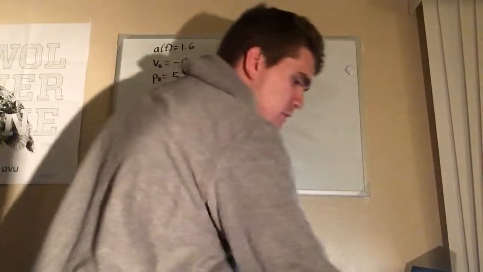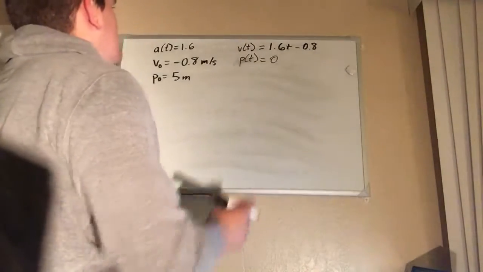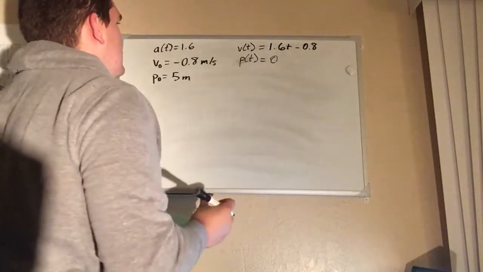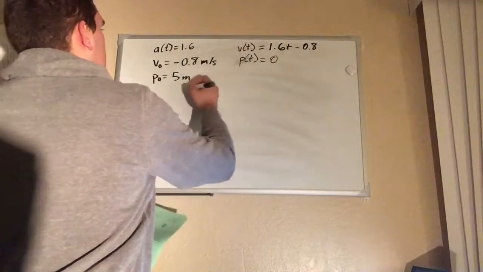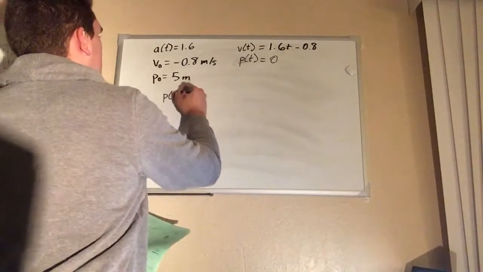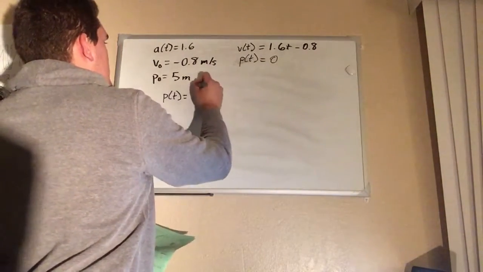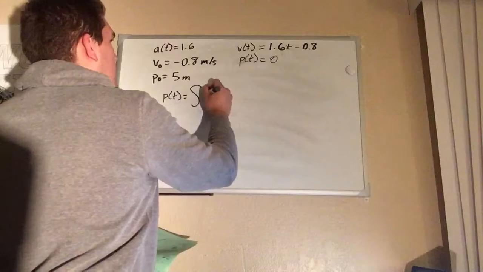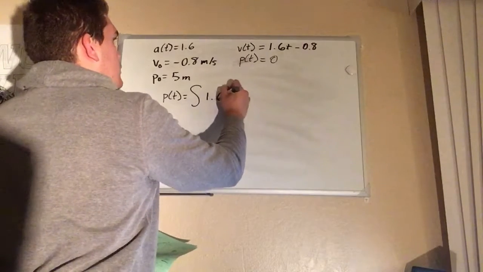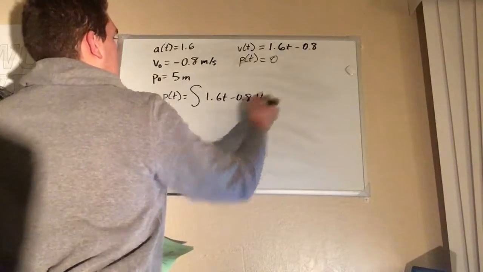Now we can find what the position function is, and we can work on that from there, because now we need to find out when it equals 0. So to find the position function, we need to take our velocity function's integral. So the integral of the velocity function, 1.6t minus 0.8 dt.